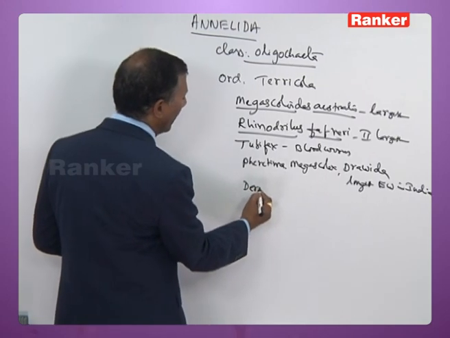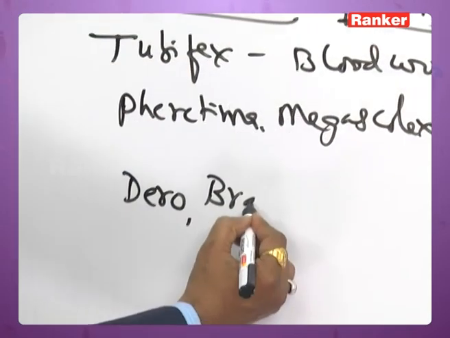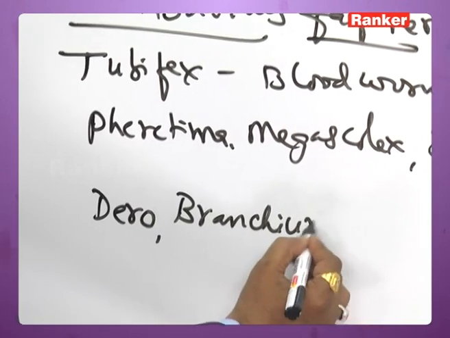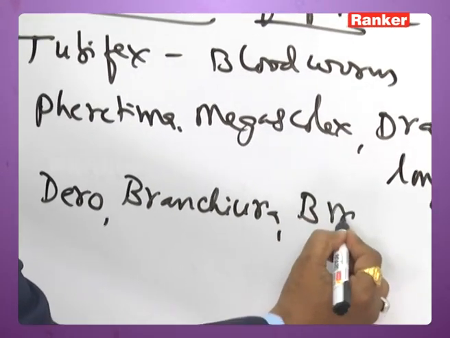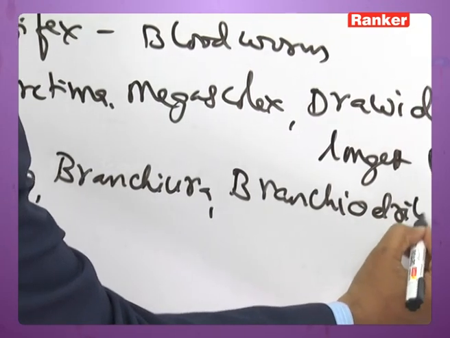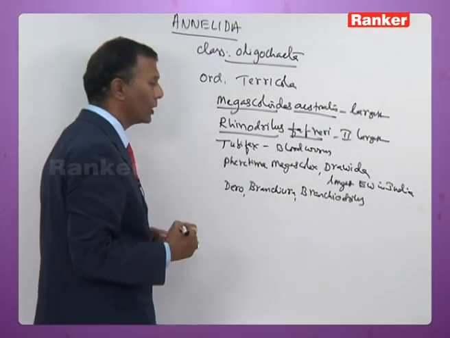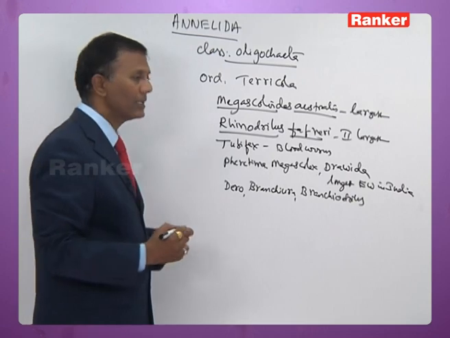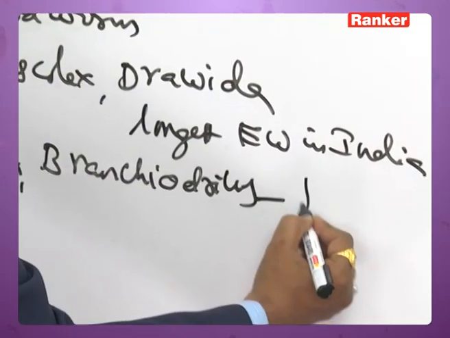Dero, Branchiura, and Branchiodrilus are the oligochaetes which respire through gills.